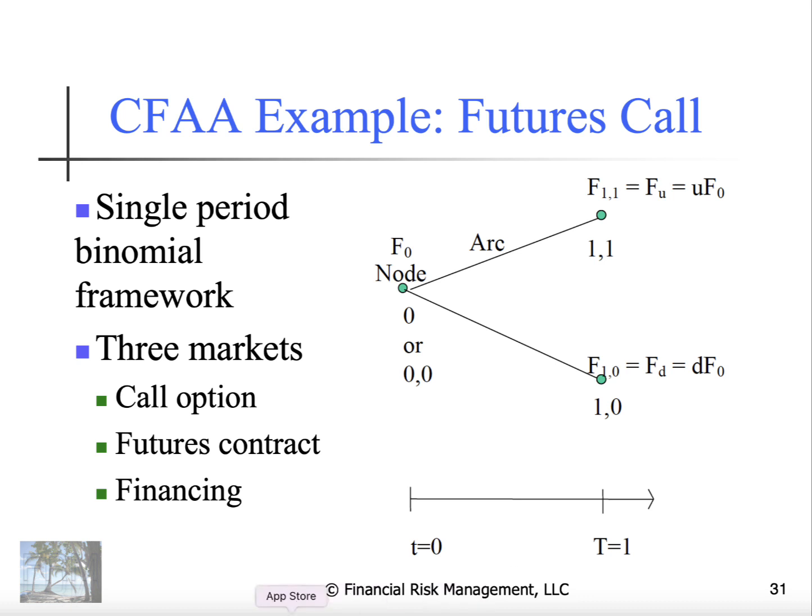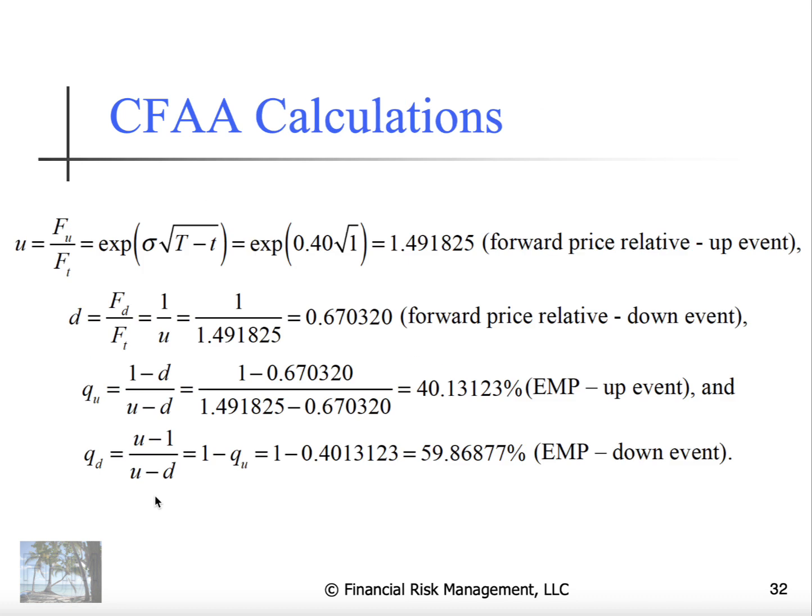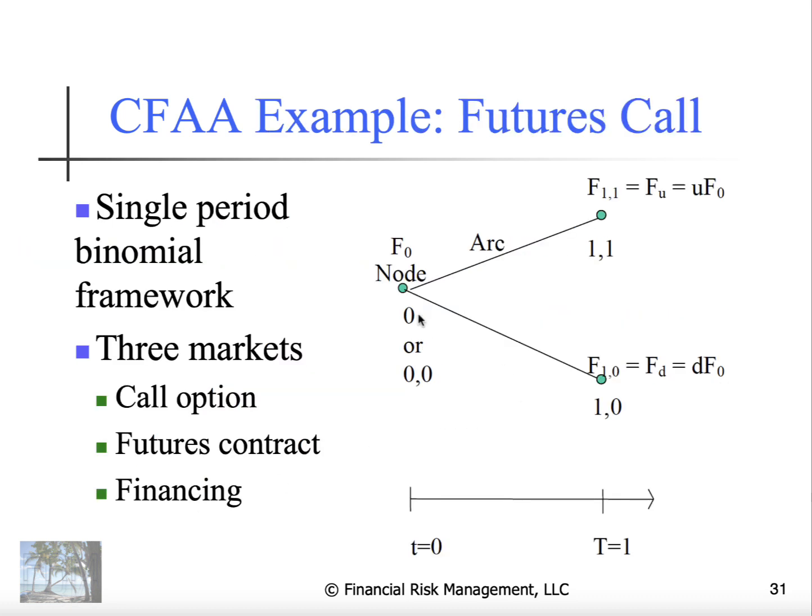So there are three markets now. If you recall, the futures put-call parity had four. We eliminate the put option. We assume it doesn't exist. So we have the call option market, we have the futures contract, and we have financing. And we assume a binomial framework where there are two arcs. We have a single node today, and there are two nodes at the futures expiration date, or the futures options expiration date.